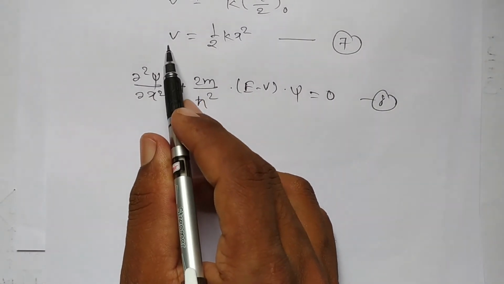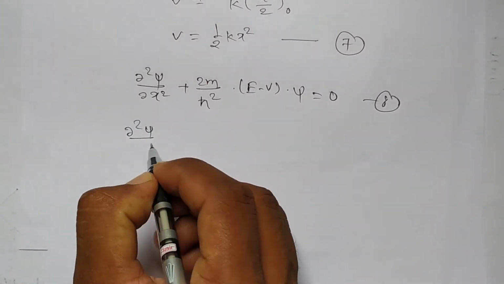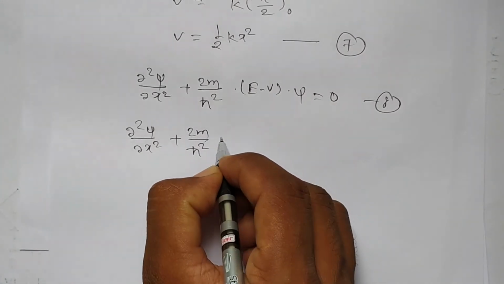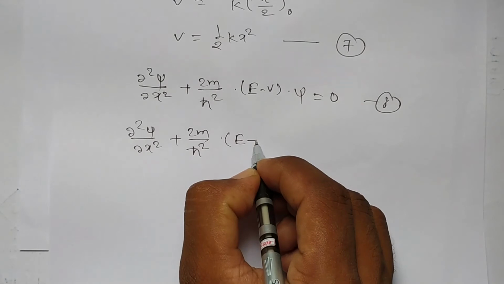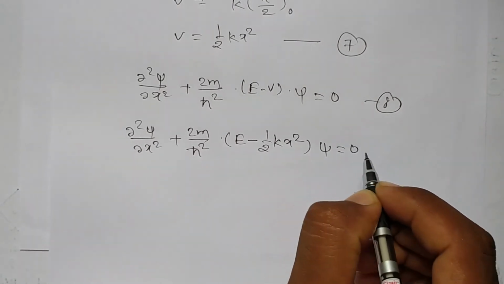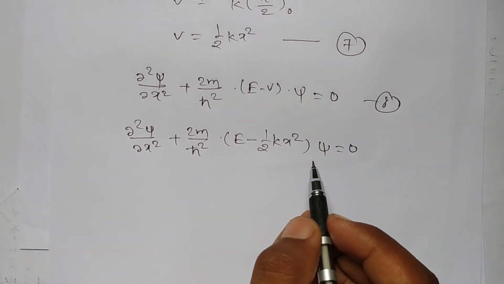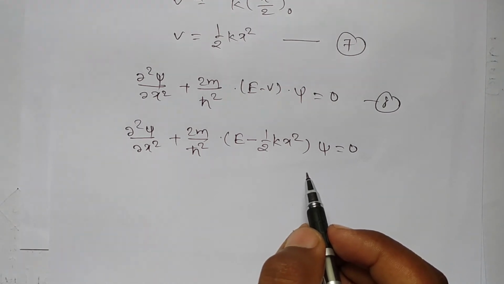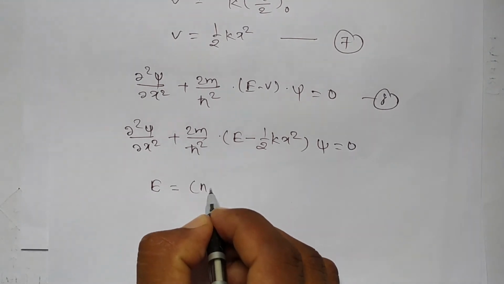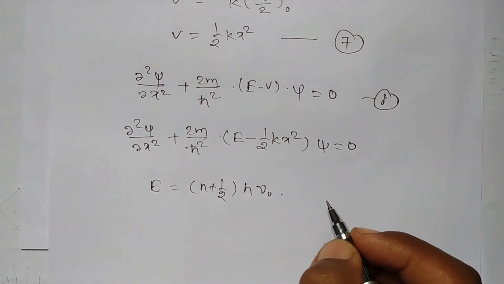So we have the value of V, and putting it in equation 8, we get del square psi upon del x square plus 2m upon h cross square into E minus 1 upon 2 kx square into psi is equal to 0. Now by solving this equation, we get the energy for the simple harmonic oscillator, which is E is equal to n plus 1 upon 2 h nu 0.